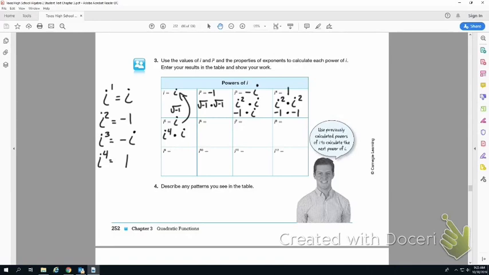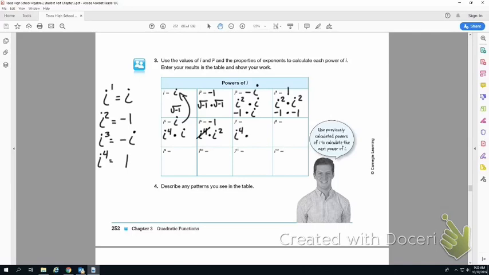Whenever I have i to the 6th, I've got i to the 4th times i squared. i to the 4th isn't doing anything, and i squared equals what? Negative 1.